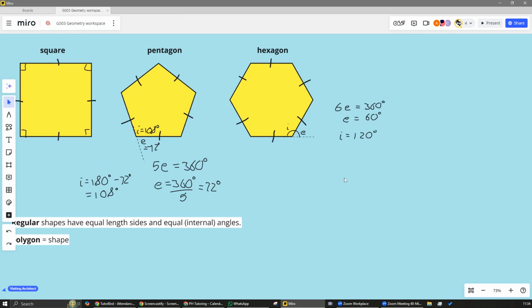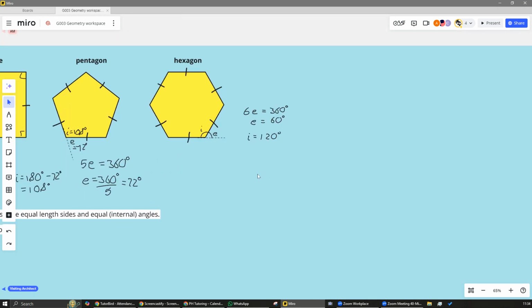So lastly, I'm going to have a look at how we can come up with a formula for just the interior angle given what we know about those two different formulae. So we've got our first formula, which we learnt is that I plus E is equal to 180 degrees, and we've got a second formula, and I need to introduce a new variable now because it depends on the shape, doesn't it?